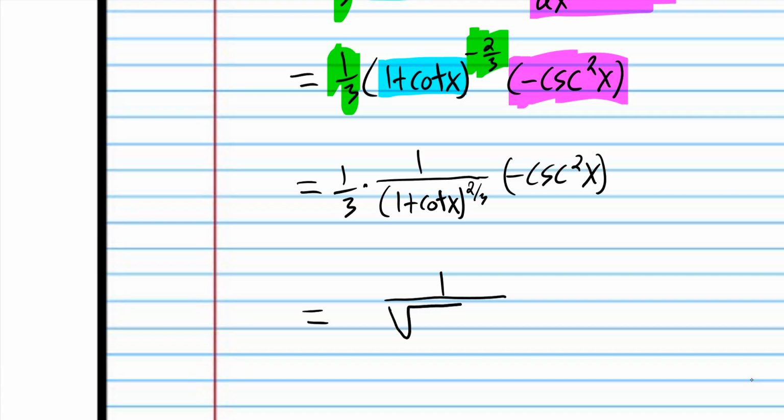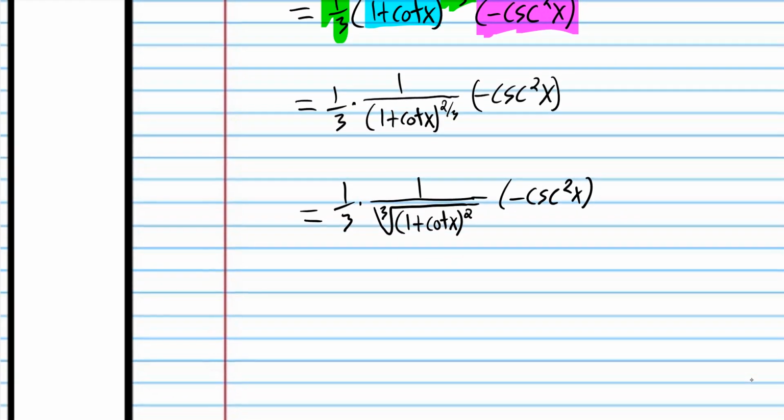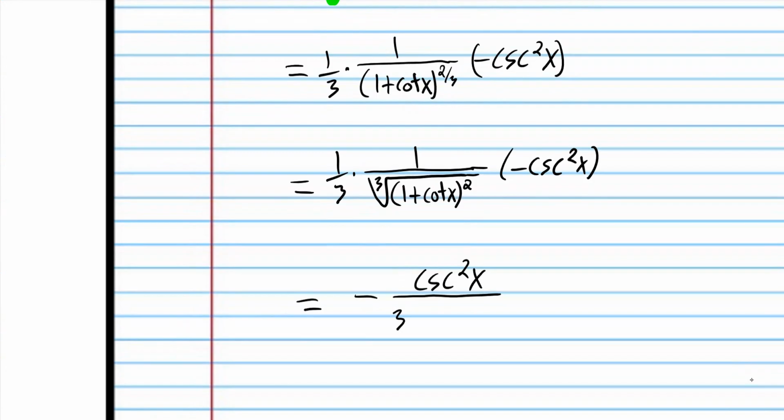So then we have the cube root of 1 plus cotangent x squared. And then we can write the final form of the expression as negative cosecant squared x over 3 times the cube root of 1 plus cotangent x to the 2nd power.